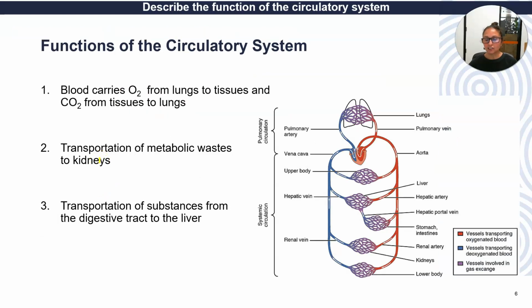Here are some more functions of the circulatory system, but I think that the functions that we looked at on the previous slide is more of a general overview, and the ones that I think that you should be sticking to understanding. These are more specific.